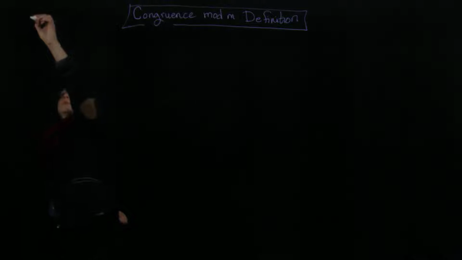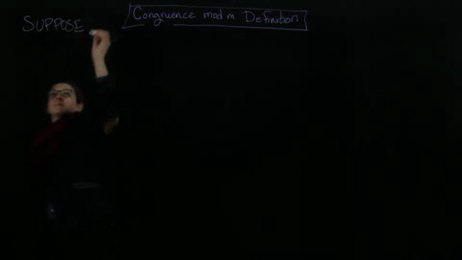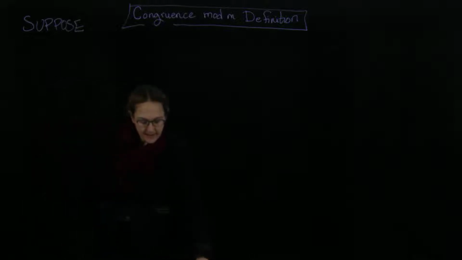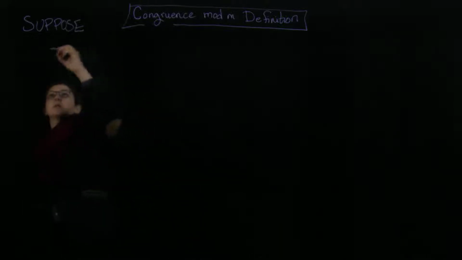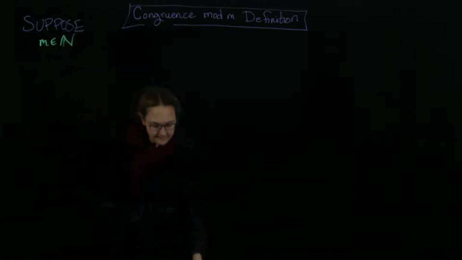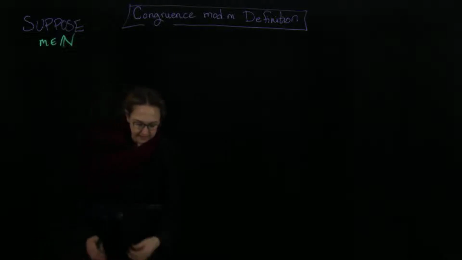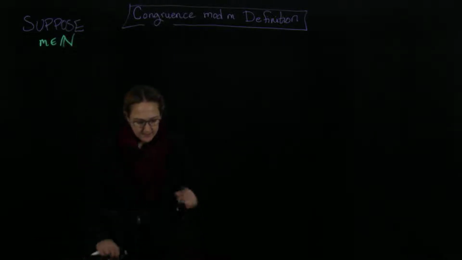So suppose M is a natural number, so M is in the natural numbers, and A and B are integers. I have specific colors I want to use for those, so I can be consistent.